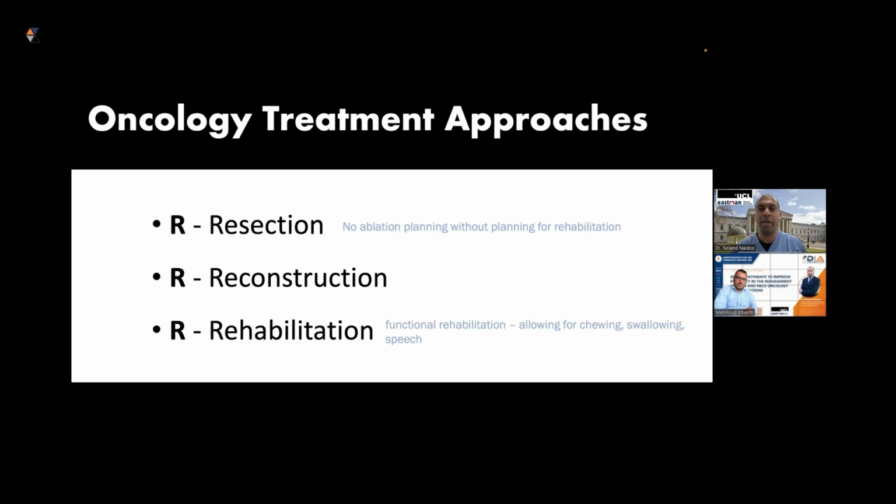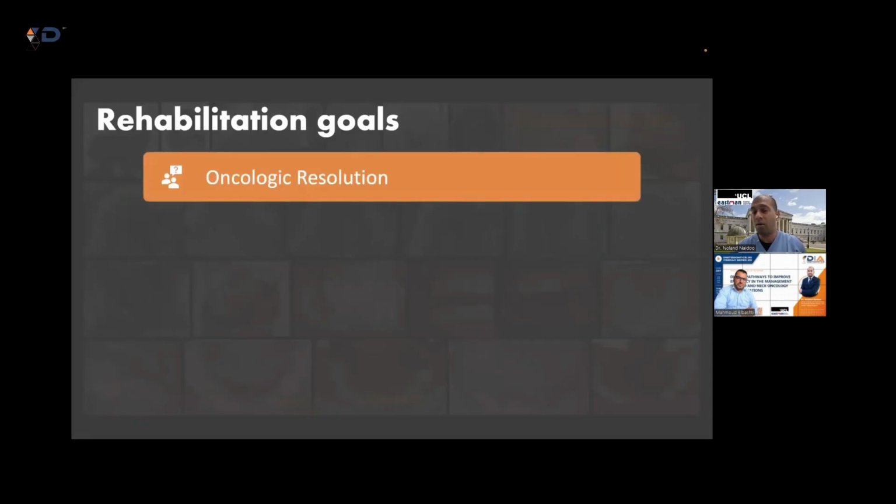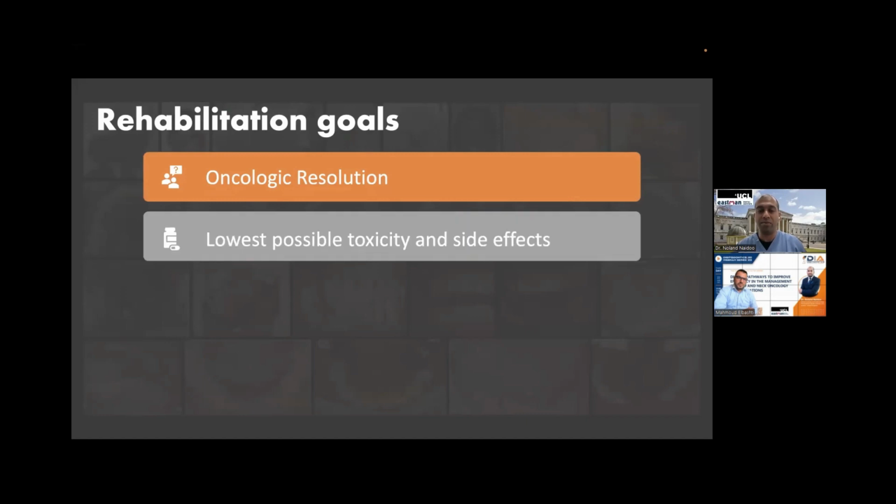So where we want to be basing our treatment approaches is really at the rehabilitation level, where it's a functional rehabilitation that allows patients to still chew, swallow, and talk normally. And so our goal is, number one, oncologic resolution. So I mean, there's no point rehabilitating the patient if they still have the cancer. So we really want to have them cancer-free.